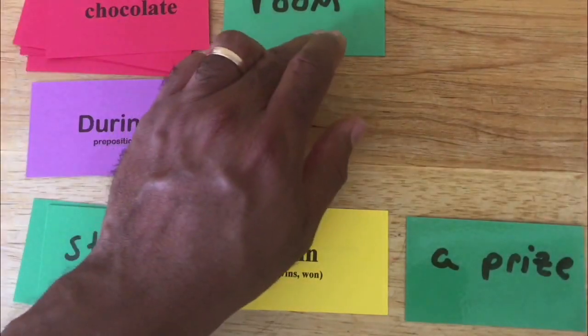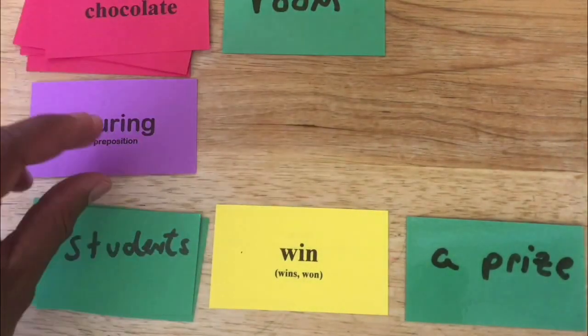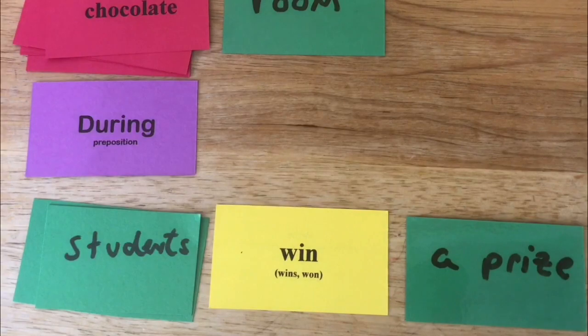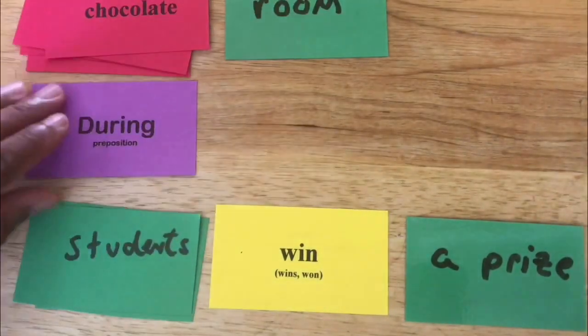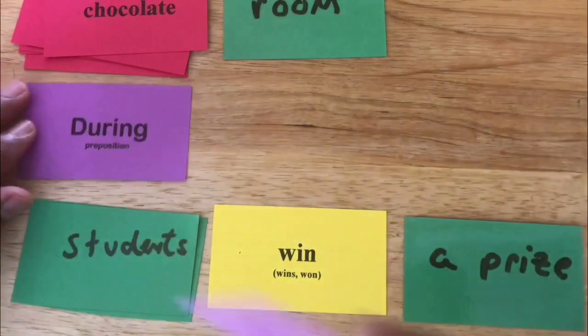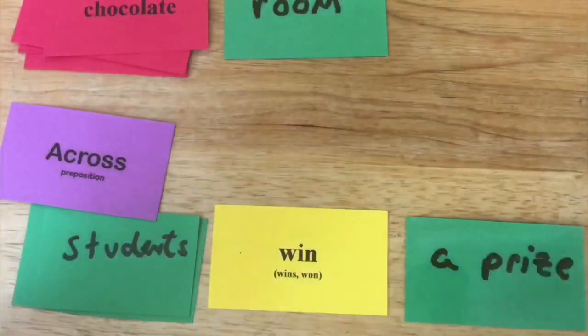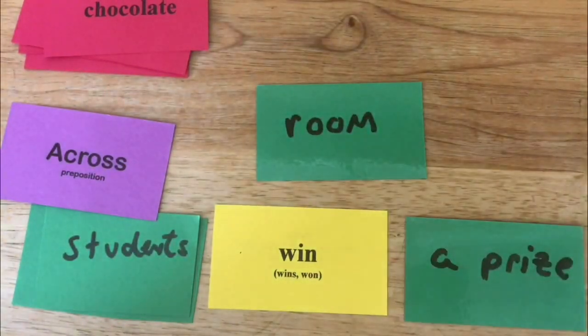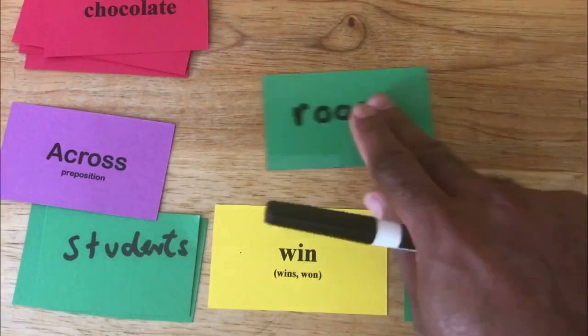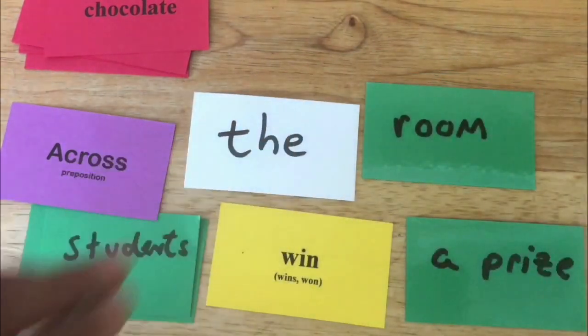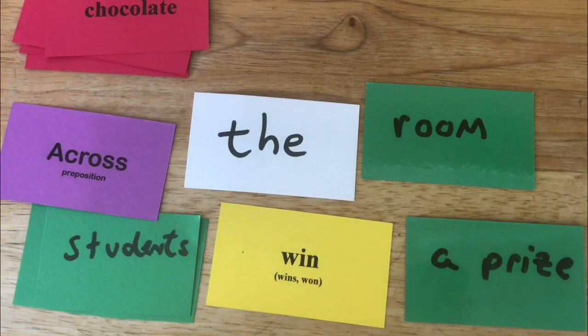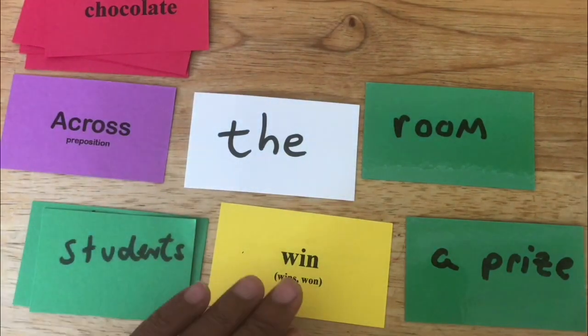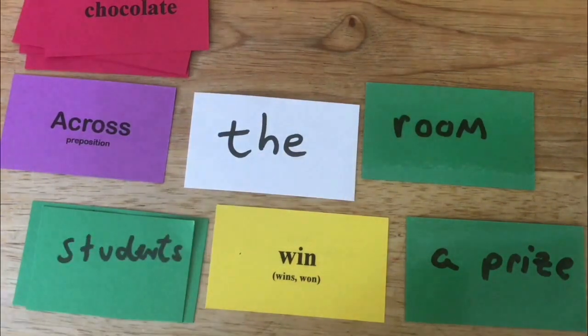So I have adjectives go naturally with nouns. Prepositions go very naturally also with nouns. Okay, I'll put a cross back here, across the room. Okay, and certainly verbs go naturally with greens, both before and after.